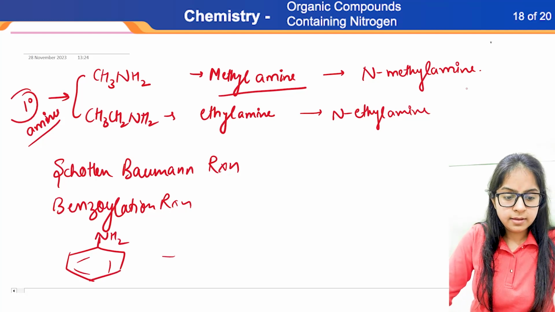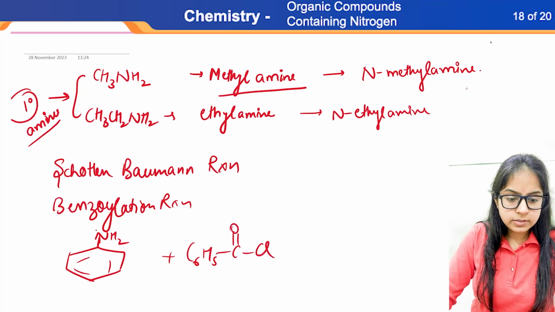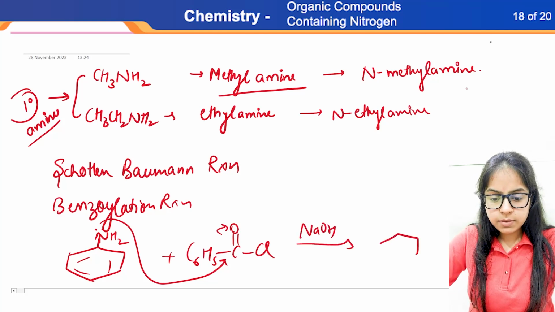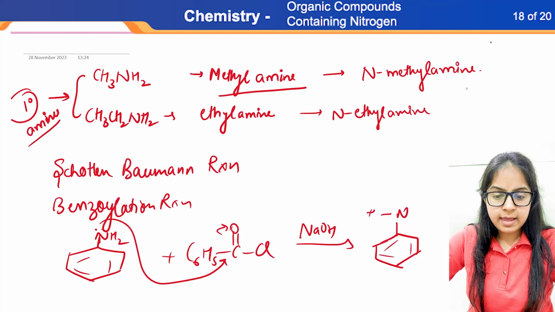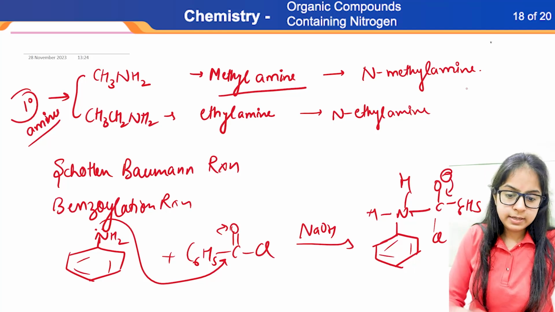We will take C6H5COCl. So this is going to attack on this in the presence of NaOH. Again, the same mechanism I am following in all the reactions. NH-CO-Cl-C6H5, after that, oxygen negative.